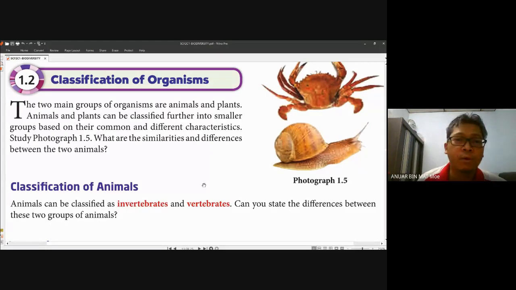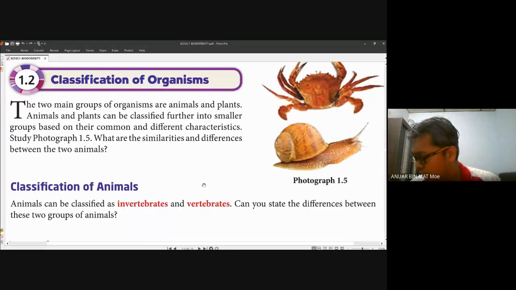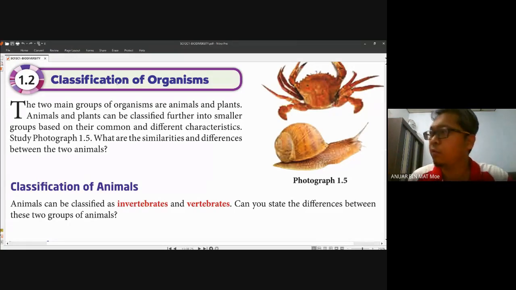There are a few important points that you need to remember. And the last one in subtopic 1.1, we learned about the management of biodiversity. So now it's 1.2. We're going to learn about the classification of organisms.